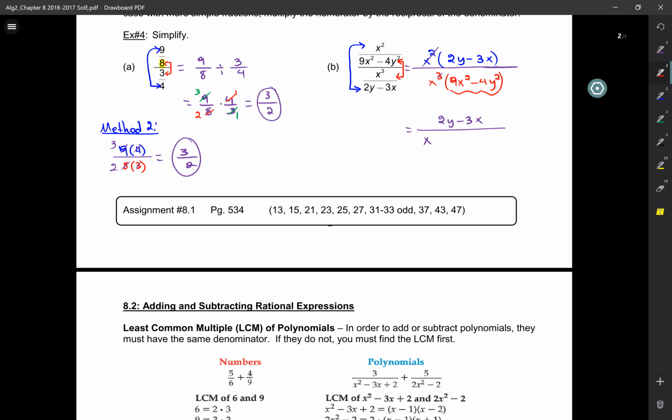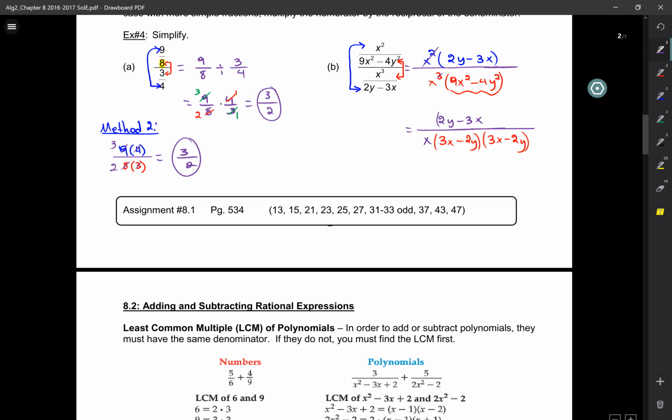Is 9x squared a perfect square? Is 4y squared a perfect square? Yeah? So can I factor it like this, where I do the square root of the first and the square root of the second? So 3x minus 2y, 3x plus 2y.